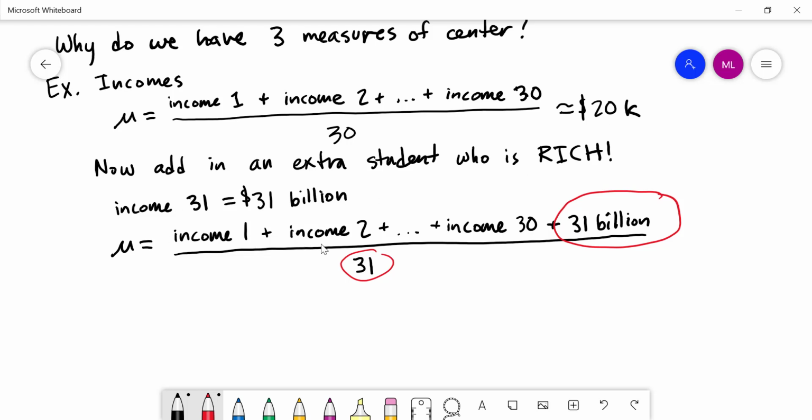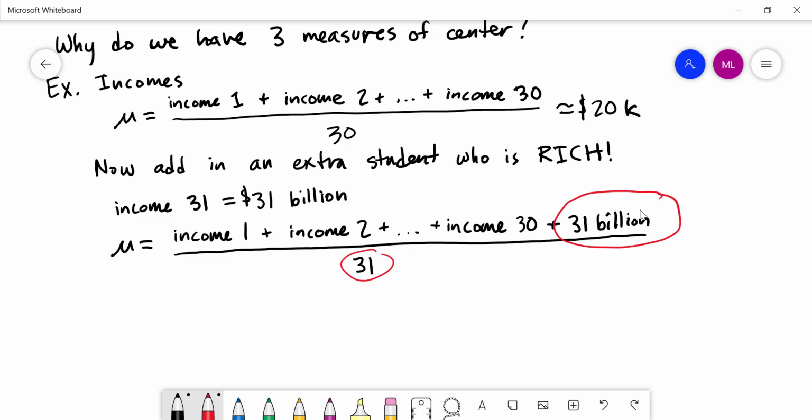Over here, that means that these first 30 numbers that we added up, which are the same numbers we added up here, add up to like $600,000, which is a lot of money until you start splitting it 30 ways. Then we're adding in this 31 billion to this 600,000. And this 31 billion is so much more than 600,000 that we basically don't even care about the 600,000. Who cares about it?